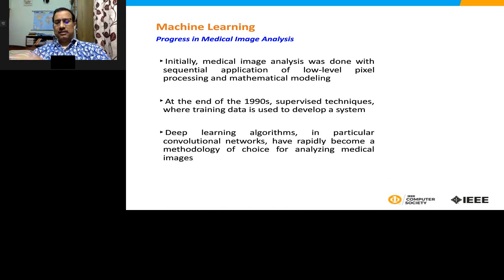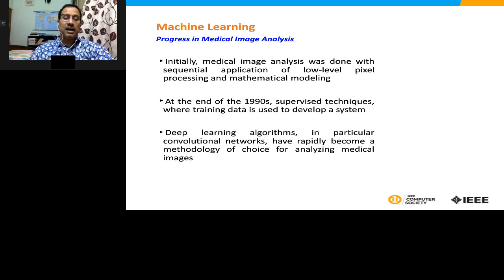The domain of deep learning is now heavily dominating this particular scenario. It is the deep learning domain in the present scenario, which is just going all around.